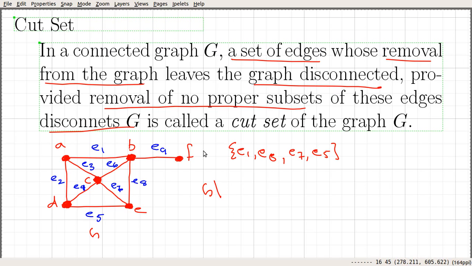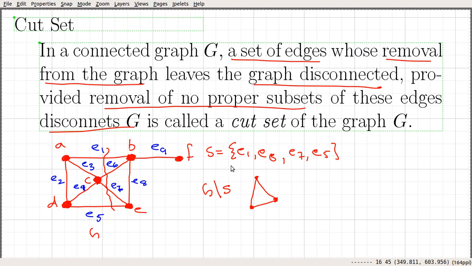Let's call this set S. So if I remove these four edges from the graph, we get a disconnected graph, which looks something like this.